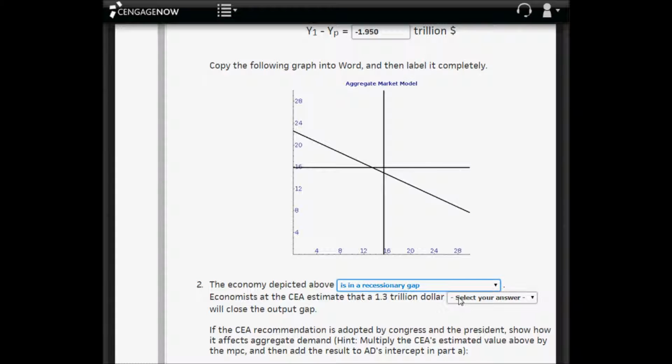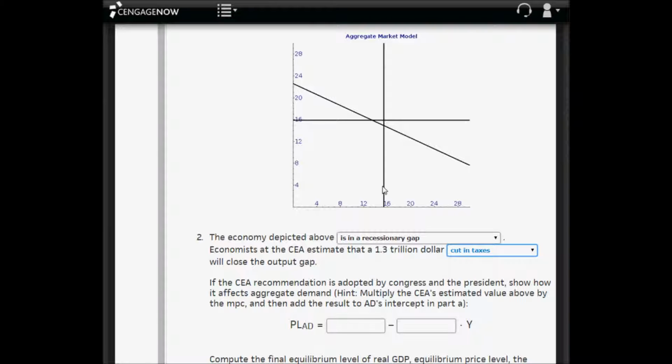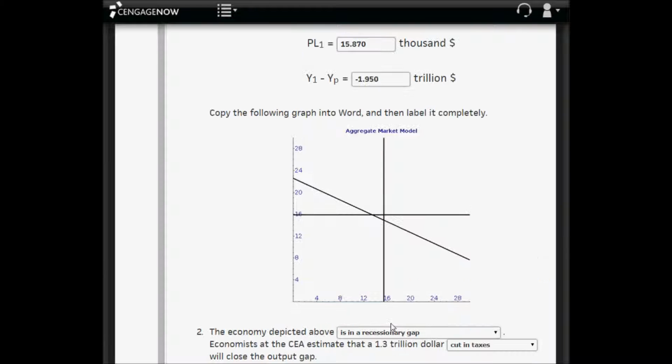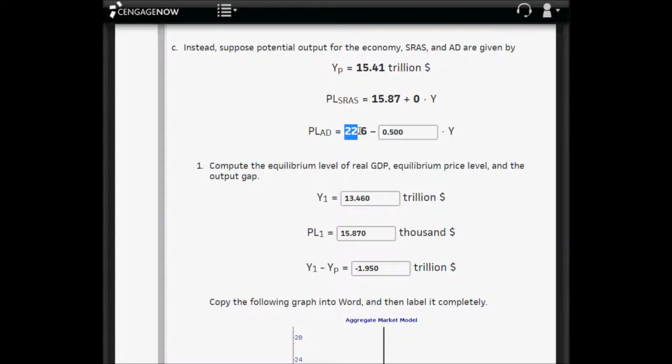Economists at the CBO estimate that the $1.3 trillion tax cut will close this gap. To compute the new aggregate demand intercept, we take the tax cut of $1.3 trillion, multiply it by the MPC of 0.75, and add that product to the initial aggregate demand intercept.